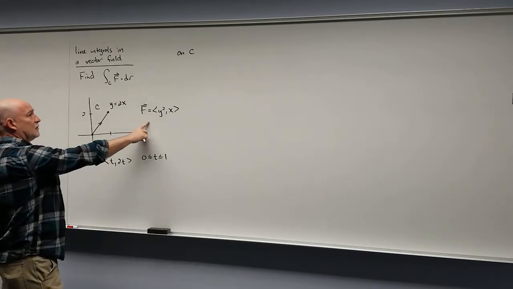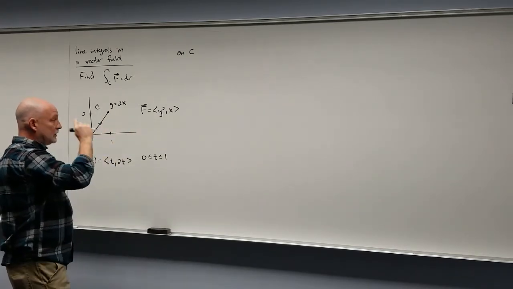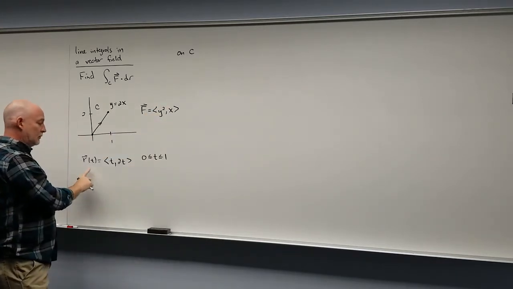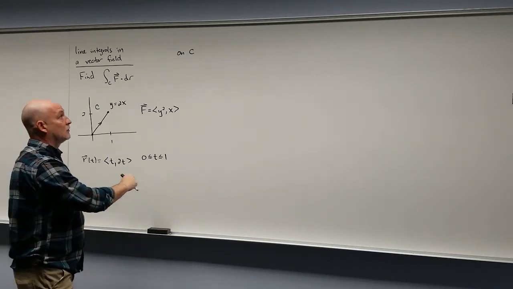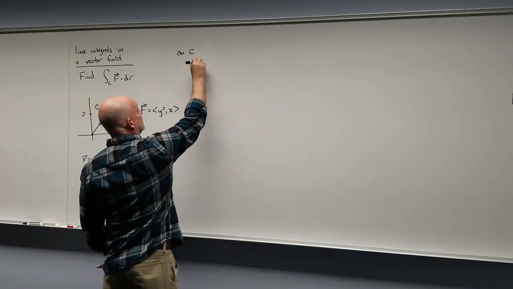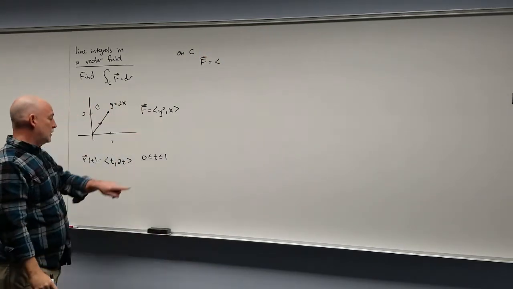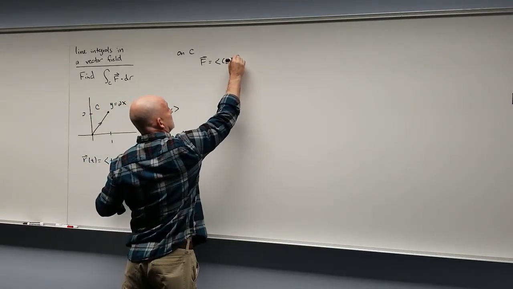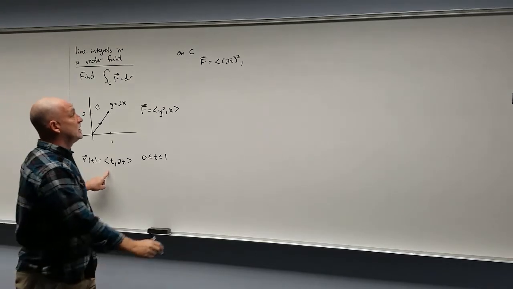Okay, so let's say this is our field. So when we're on this curve, what value does this field have? Well, as long as we're on that curve, all x's are t's and all y's are 2t's. So when we're on C, our field is actually y squared, y is 2t, so that's going to be 2t squared, and on our curve, x is t.